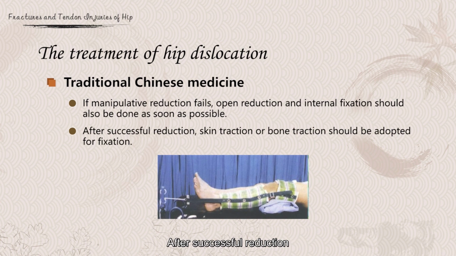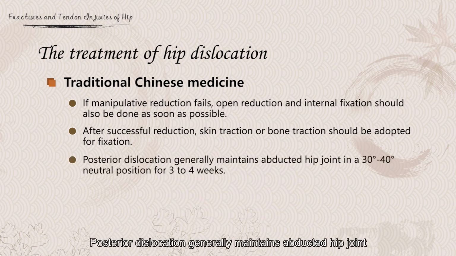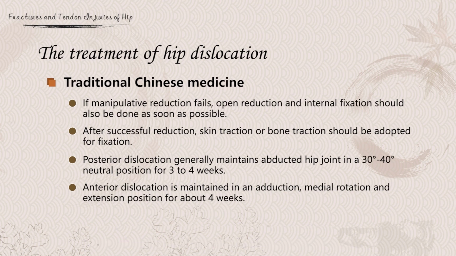After successful reduction, skin traction or bone traction should be adopted for fixation. Posterior dislocation generally maintains the hip joint in a 30 to 40 degree abducted neutral position for 3 to 4 weeks, and anterior dislocation is maintained in an adduction, medial rotation, and extension position for about 4 weeks.